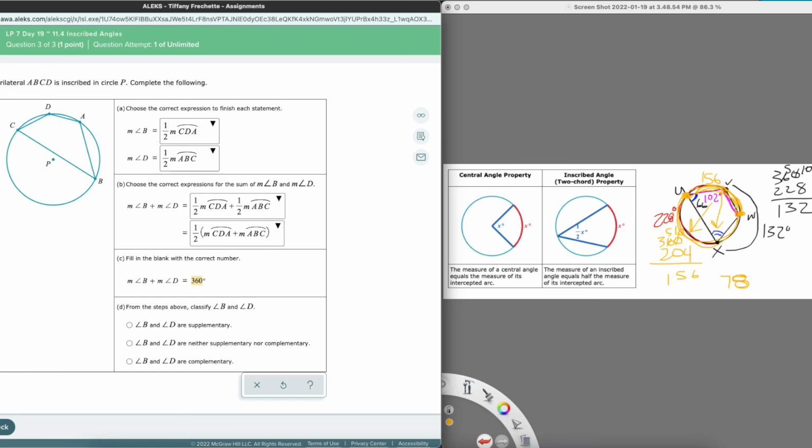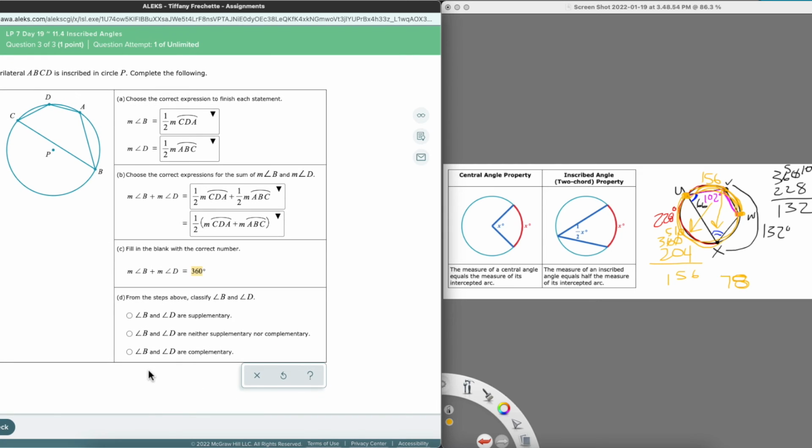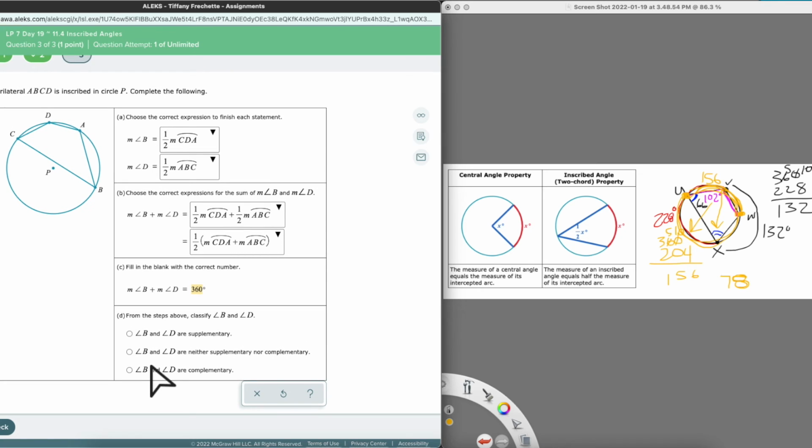So from the steps above, we're going to classify B and D. B and D are supplementary, B and D are neither supplementary or complementary, or B and D are complementary. They're going to be supplementary. They're going to add up to 180 degrees for this one.